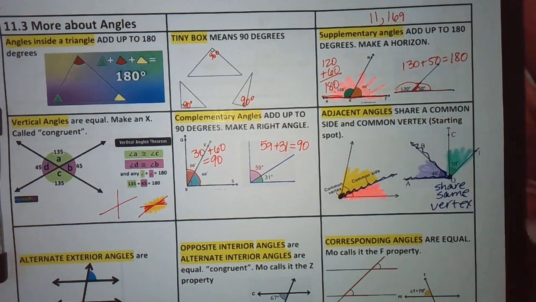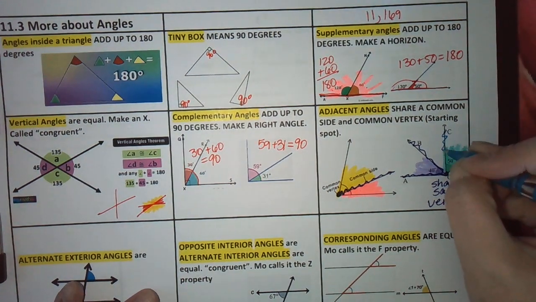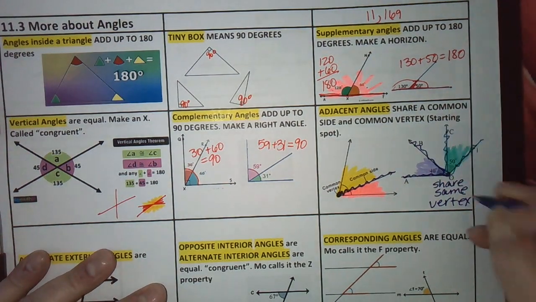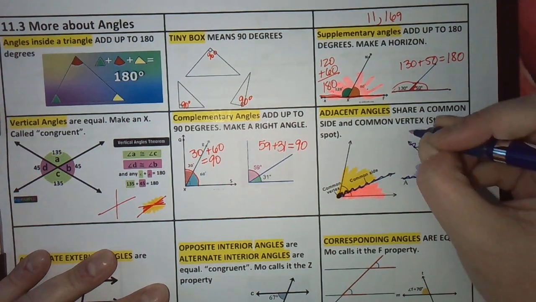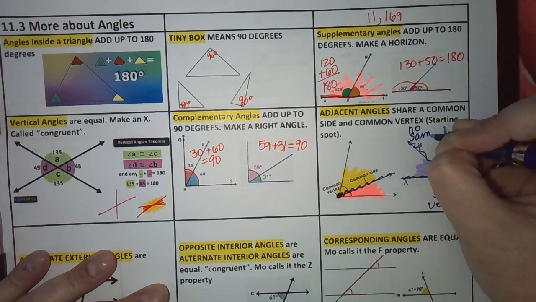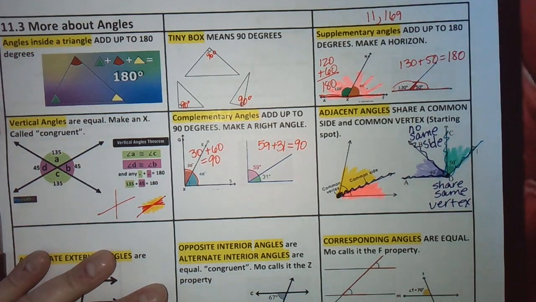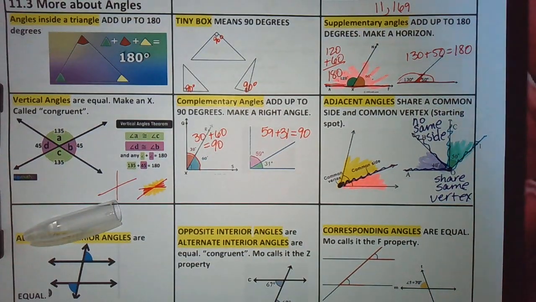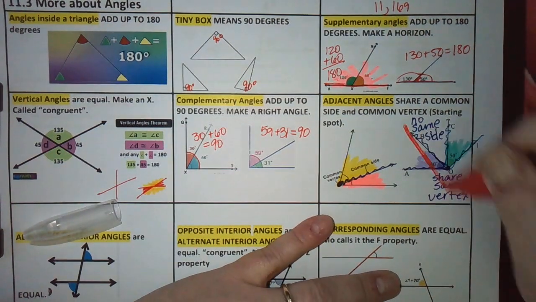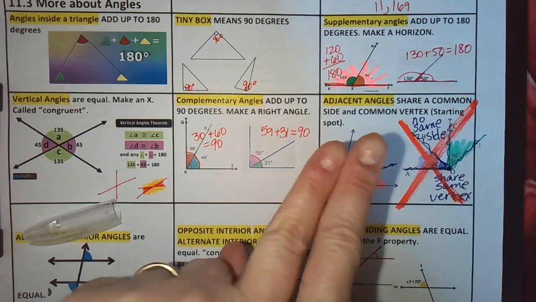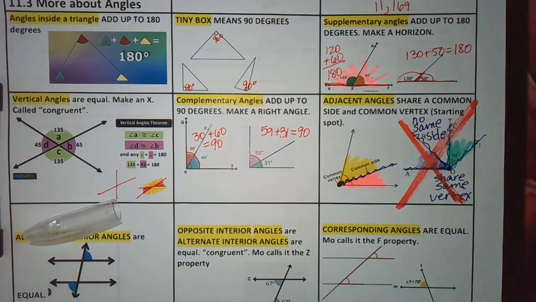It's either this A or this B side. Okay, look at the side of this 50. It's either this C or this other side. Either way, they do not share the same side. So this example with the turquoise and the purple is an example of not adjacent angles, because they don't butt up to one another with the same side.